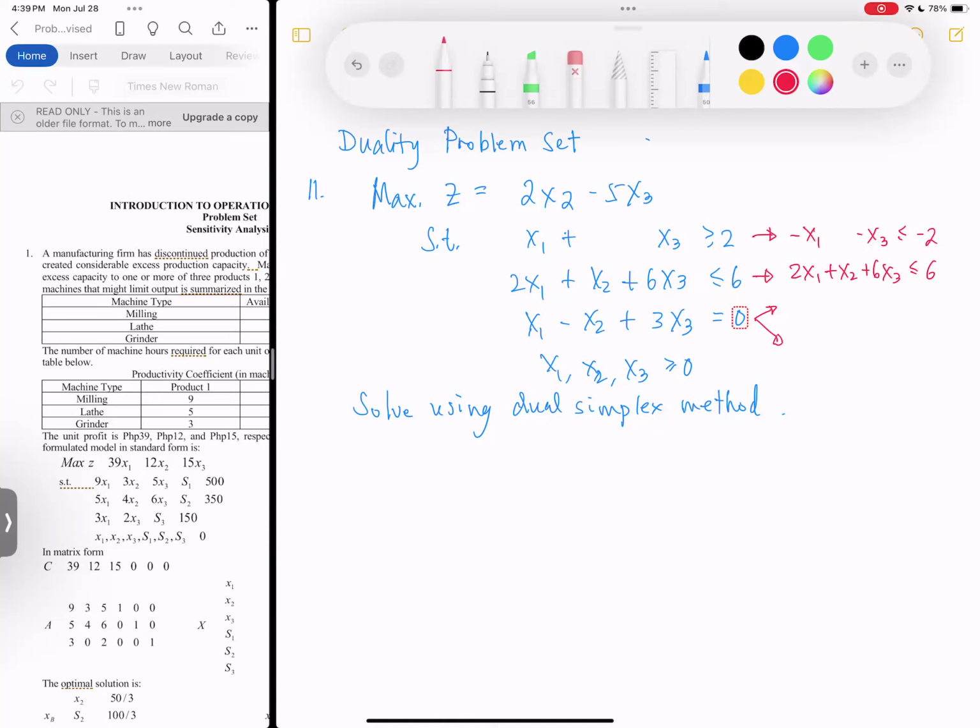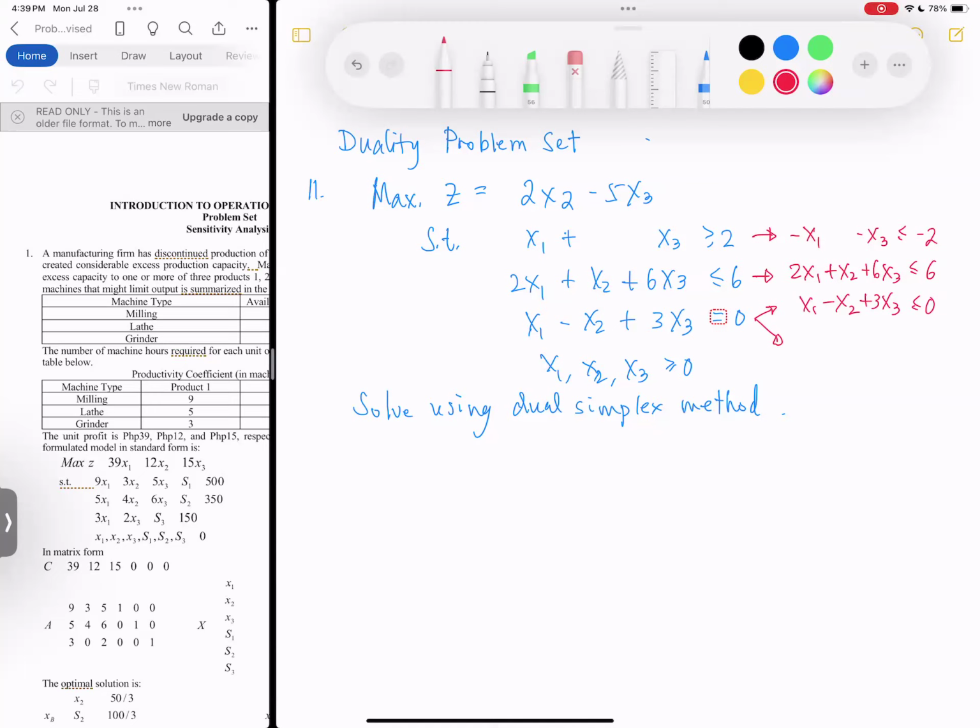So let's do the less than first, so that it will be as is already. And then the other one will obviously be a greater than constraint, but we know that for a greater than constraint, we have to multiply by -1, right?